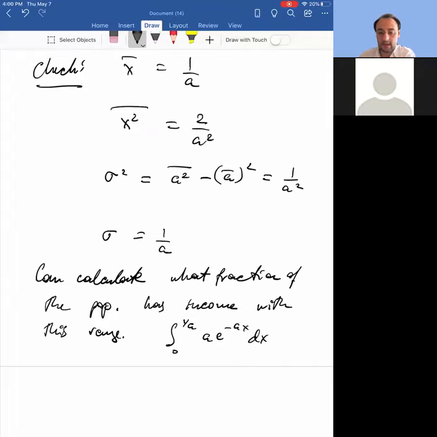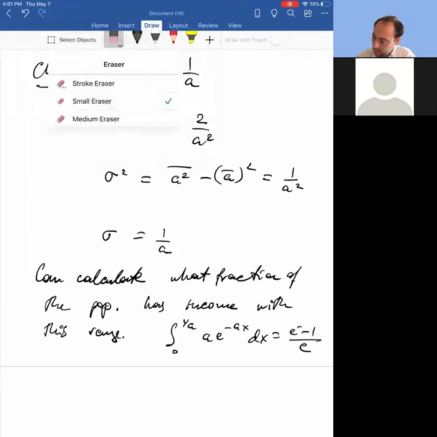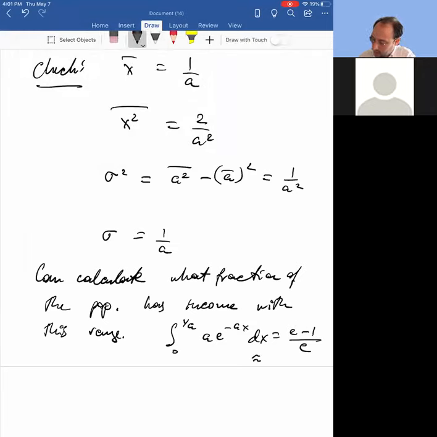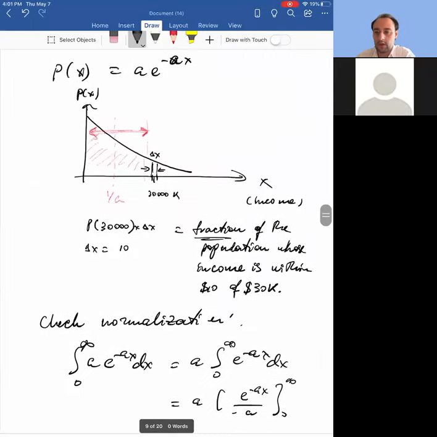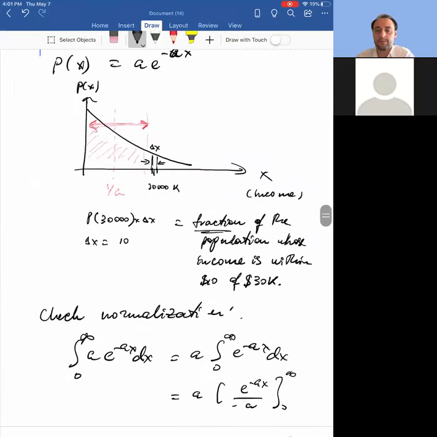I'm not going to waste time, so I'm going to do that calculation and write down the answer. And the answer is very interesting. It's e minus 1 over e. And when you substitute the value of e, that comes out to be about 63%. So 63% of the population have that kind of an income.